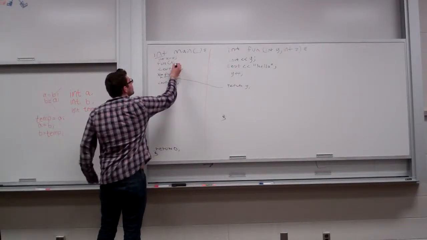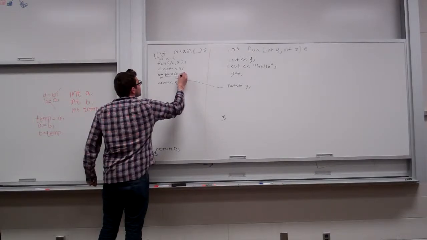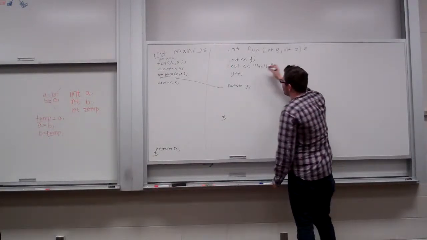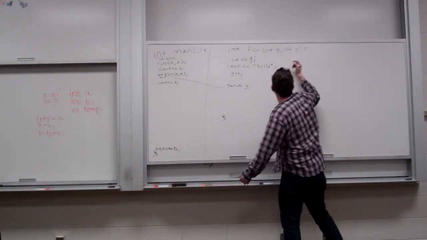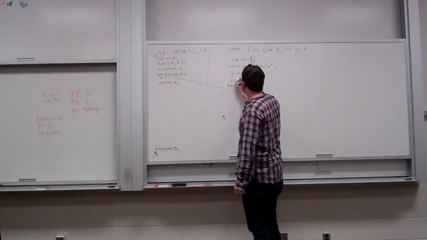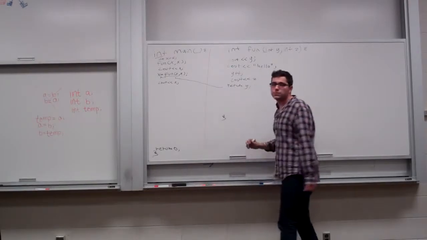So we can do something like fun x, x. And with this second value, this other x, which is the value of 5, is going to go into z, so this equals 5 as well. And we can cout z, and that will also print 5.